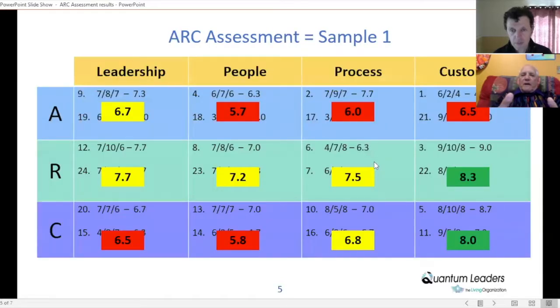Also, we might find out through the assessment, like in this example of one client that we did it with, they were having problems clearly with the performance, with revenue performance. They weren't meeting the targets. But when we assessed it, we saw that their relationship in the industry was strong. They understood the dynamics. They were really okay in a number of the relationship issues, but they had two key areas, one in the process, one in the people at the activity level.